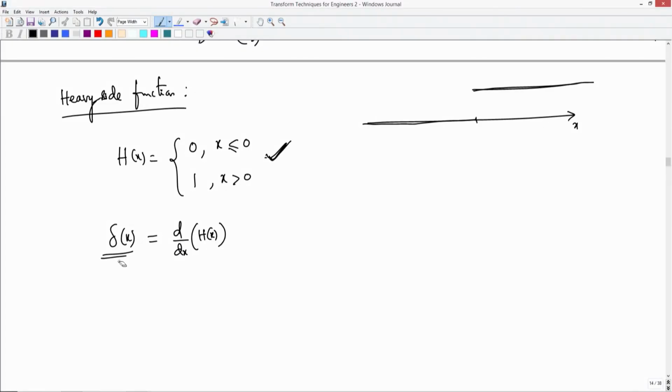I will give a brief account of how the delta function is the derivative of the Heaviside function.